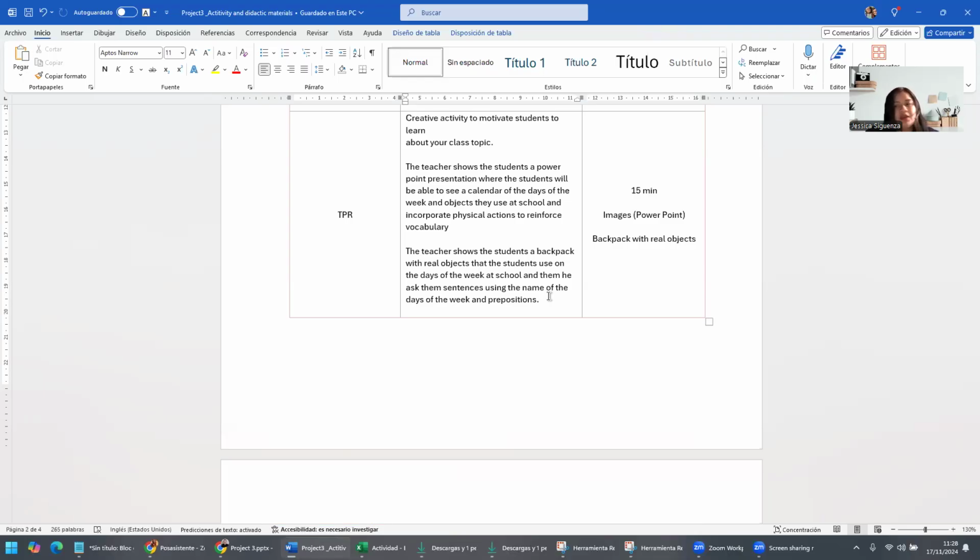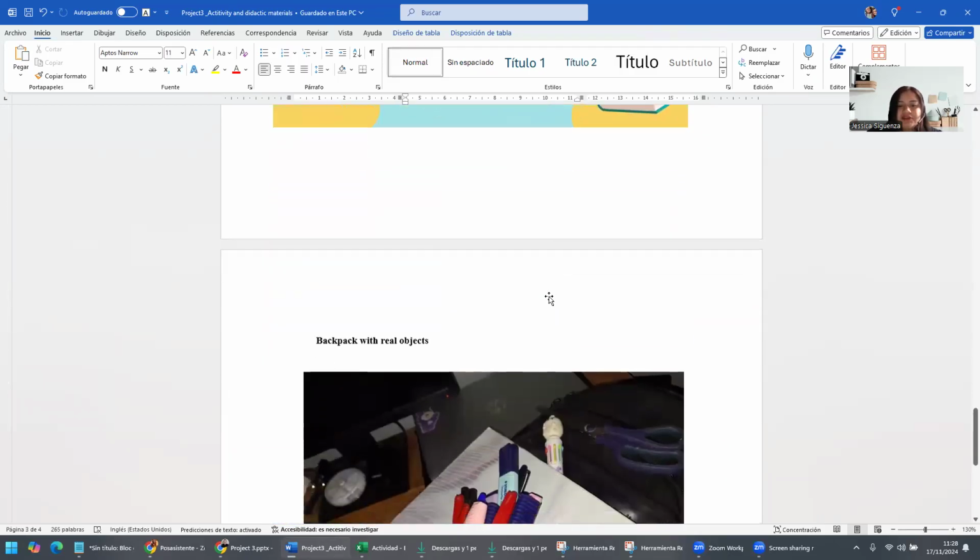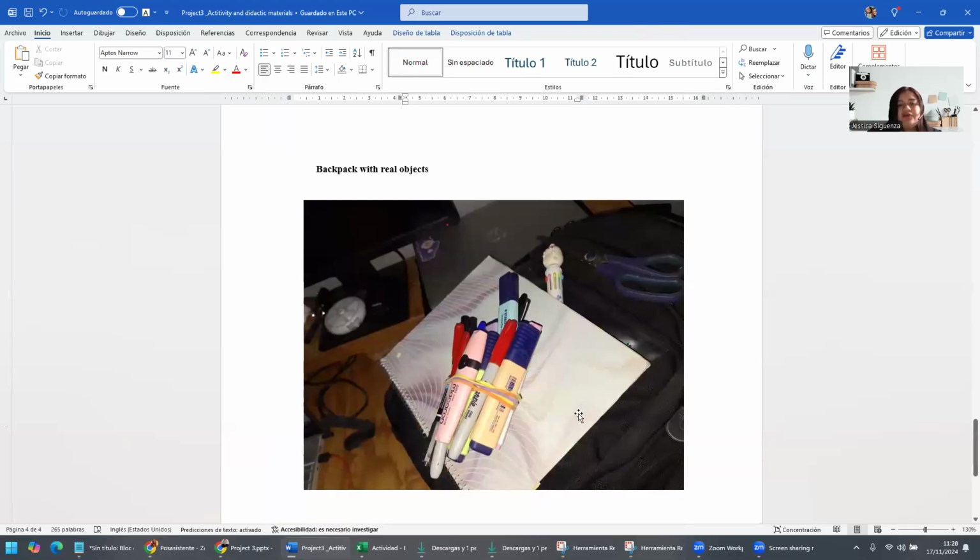For example, I also added a simple picture with a backpack, scissors, pencil, and another thing like a computer that the students will use on the days of the week.